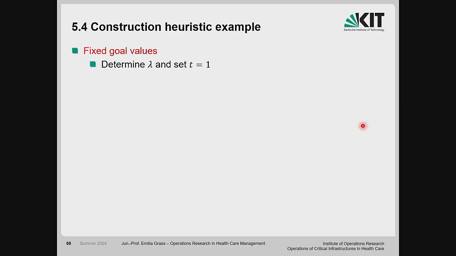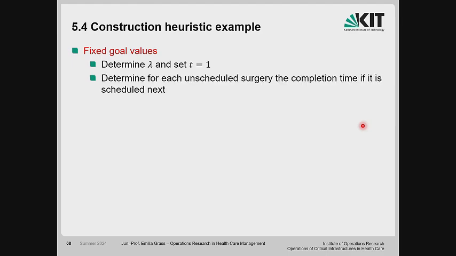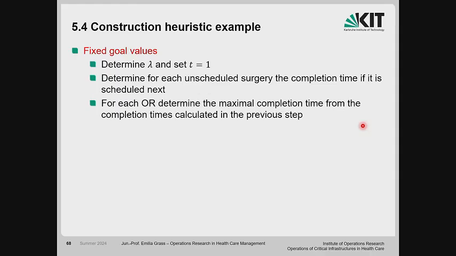So you start to determine lambda and to set t to 1. Then determine completion times for unscheduled surgeries. Okay, so you have a list of surgeries that you have to assign. You determine all the completion times. Then you determine the maximum completion time for each operating room.